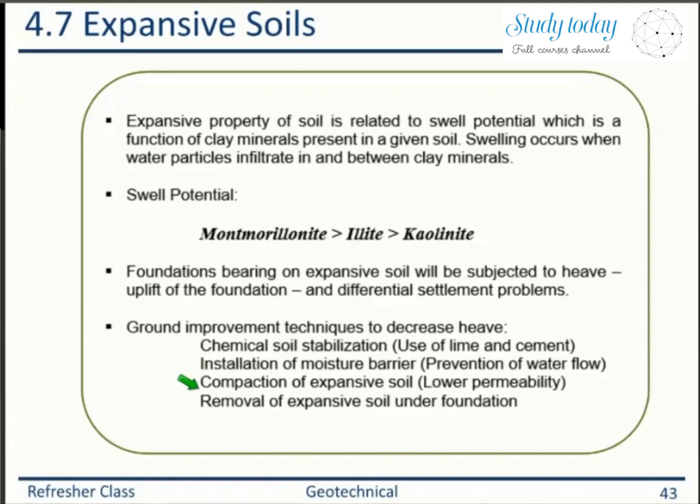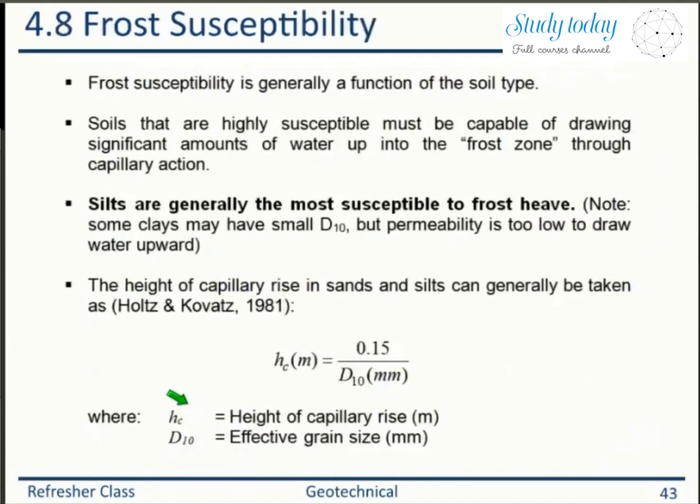Or you compact in such a way that voids are very, very small and water cannot flow through those voids. Or if your area is small and you have enough budget, you could take out those problematic soils and replace them with non-swelling soil or good engineered soil, right? So these are some techniques that you should know.